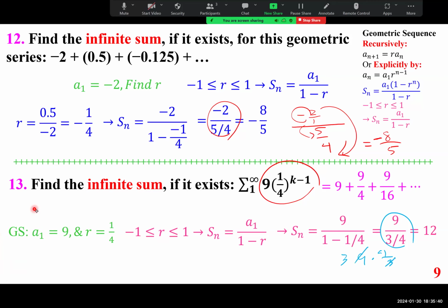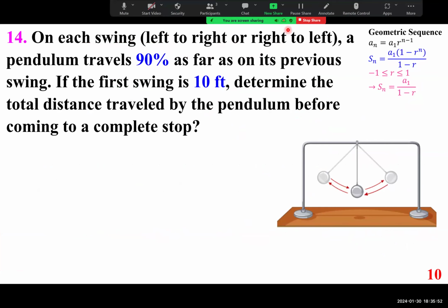Now let's look at an application. On each swing, left to right or right to left, a pendulum travels 90% as far as on its previous swing.